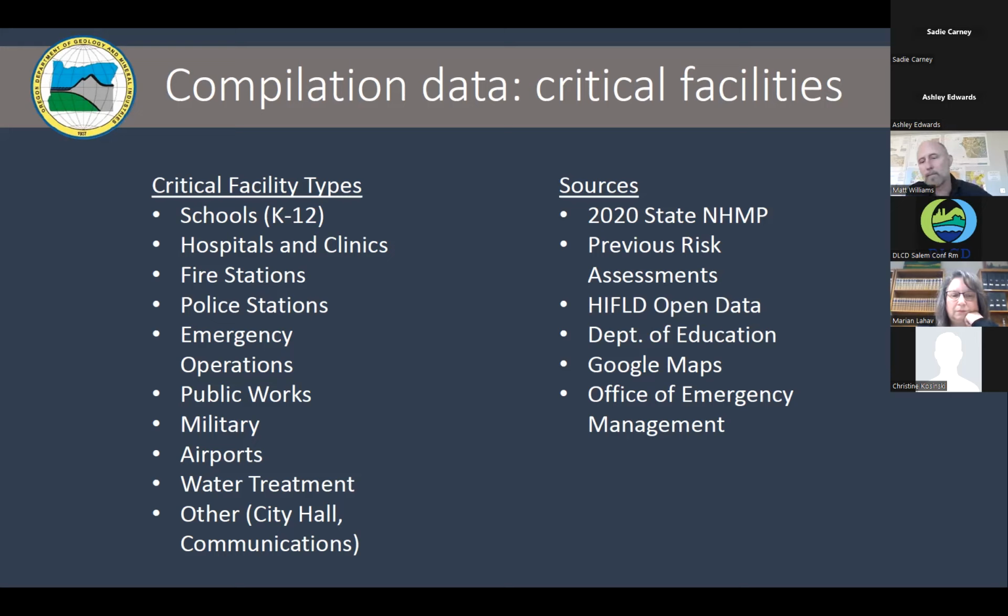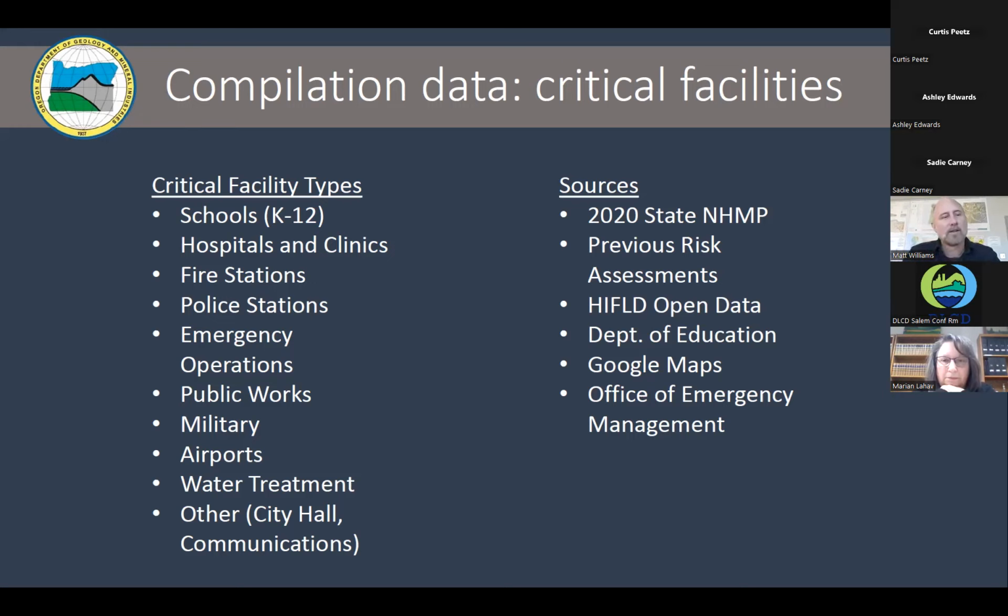Libraries, I see a question here. I don't include libraries, but that's something we could talk about. Public buildings oftentimes fall in this category because they're there for everybody. So, Curtis, you have a question?